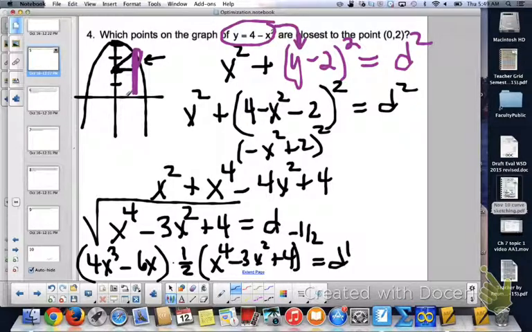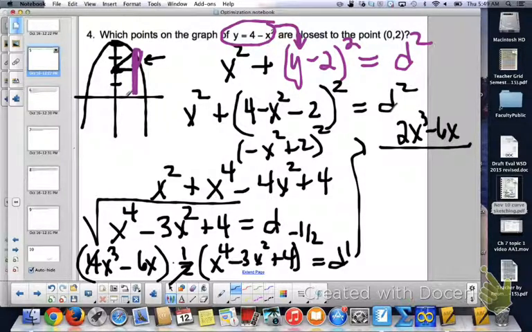So, moving up here, oh no, take a 2 out of both of those, so it'll be 2x cubed minus 6x divided by the square root of x to the 4th minus 3x squared plus 4 equals d prime.